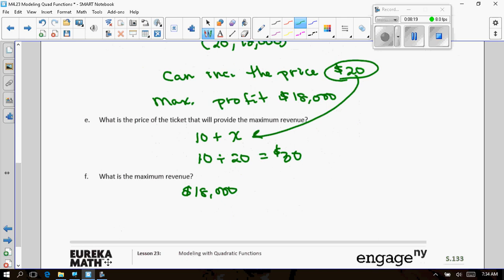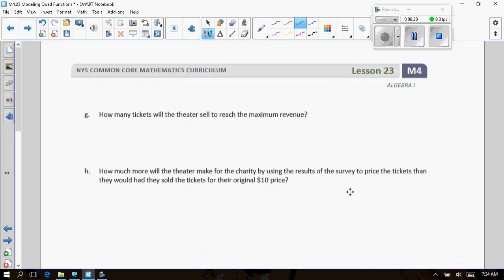So how many tickets are we expecting them to sell? Well, I'm going to take the 18,000 that they're going to make and divide it by the $30 per ticket, and they are going to sell 600 tickets. That's what we're expecting.